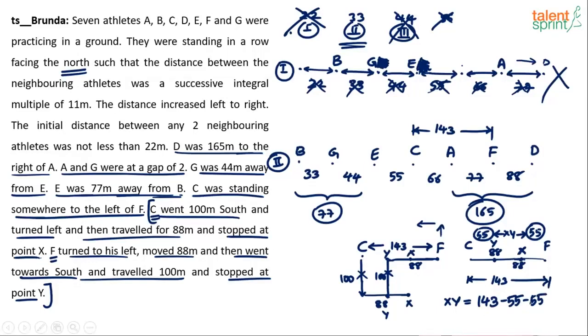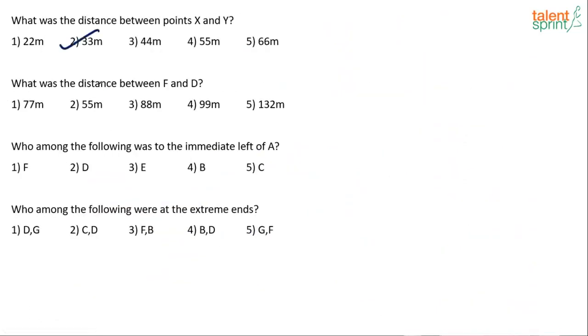When C moved 88 meters and reached point X, the distance between X and F is 143 minus 88, which is 55. Likewise, the distance between C and Y is also 55. So XY is 143 minus 110, which comes out to be 33. The distance between X and Y is 33 meters.